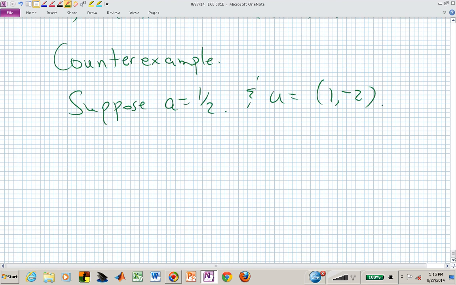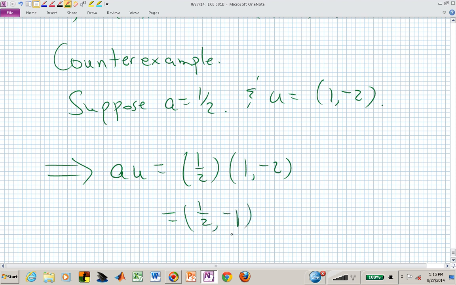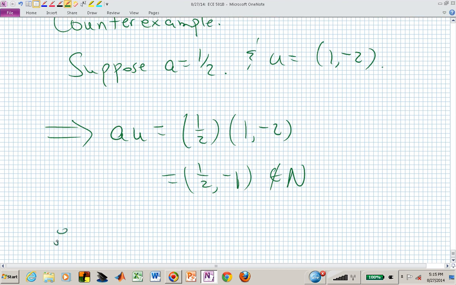Then that implies that AU is now 1/2 times 1 comma minus 2. That's now 1/2 comma minus 1. The second coordinate looks okay. The first coordinate's not. That's not in N, so therefore N is not a subspace of R2.